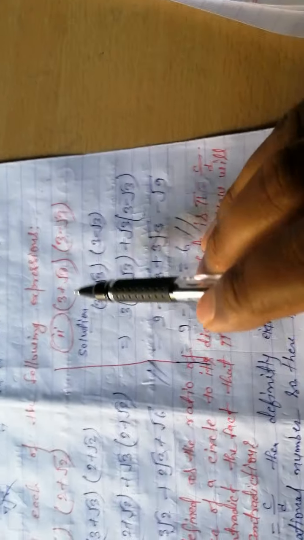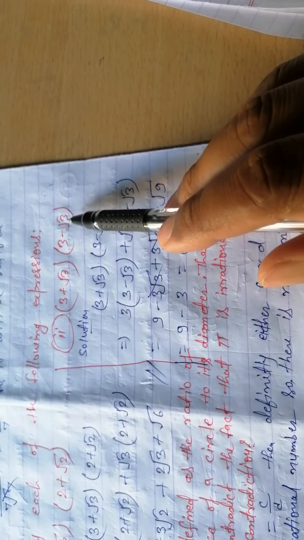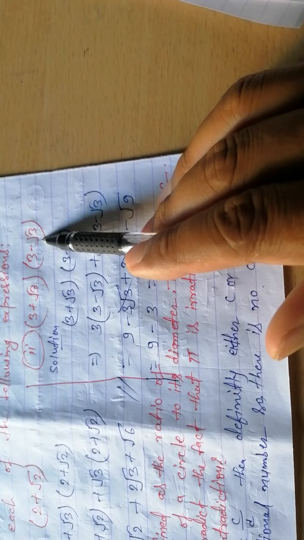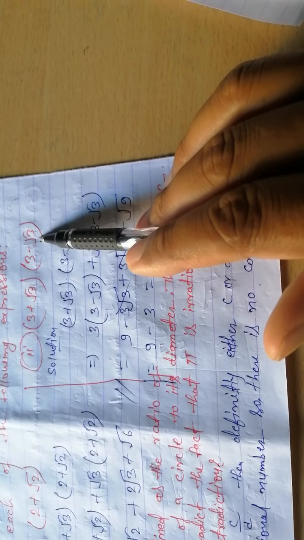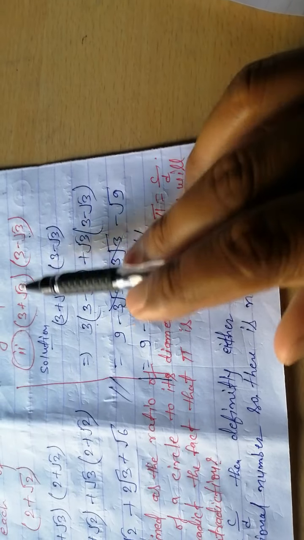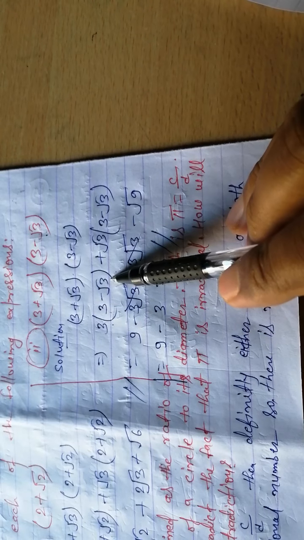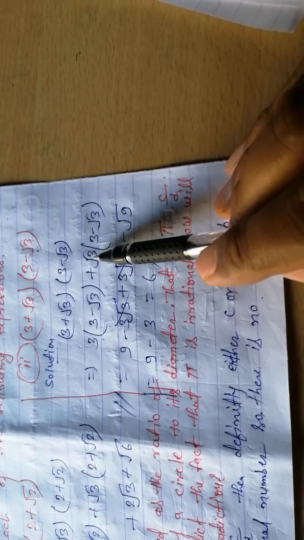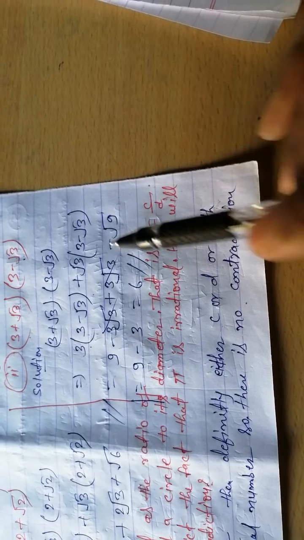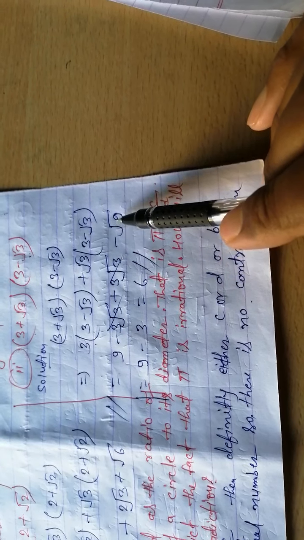Now the second question is 3 plus root 3 into 3 minus root 3. We apply the same process: we multiply 3 with these two terms and root 3 again with these two terms. So 3 into 3 minus root 3, and plus root 3 into 3 minus root 3. 3 times 3 is 9, 3 into root 3 is 3 root 3, plus root 3 into 3 is 3 root 3, and root 3 into root 3 is root 9.